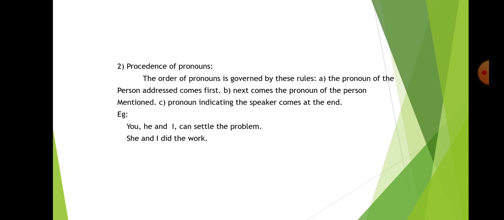And the last one, the pronoun indicating the speaker comes at the end. For example, you, he, and I can settle the problem. Next sentence, she and I did the work.